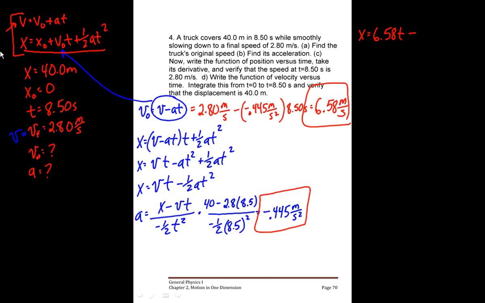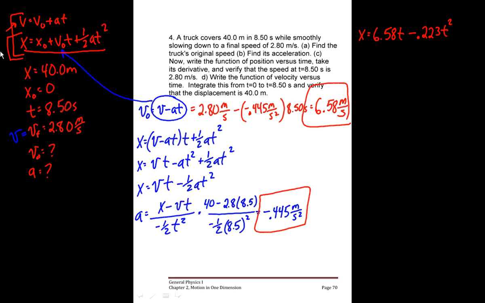So it's going to be minus half of the acceleration, I get 0.223. So that is my x as a function of t. And I just took it from this expression, putting in the coefficients for t and t squared.